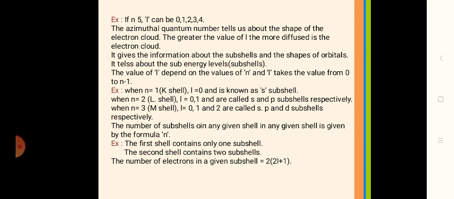The azimuthal quantum number tells us about the shape of the electron cloud. The greater the value of l, the more diffused is the electron cloud. It gives the information about the subshells and the shapes of the orbitals.